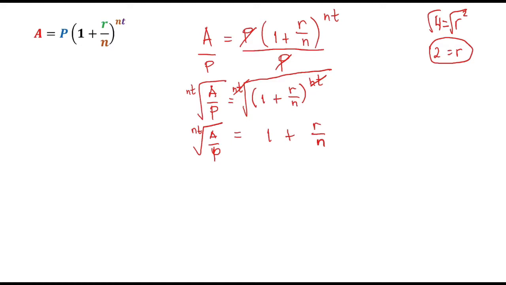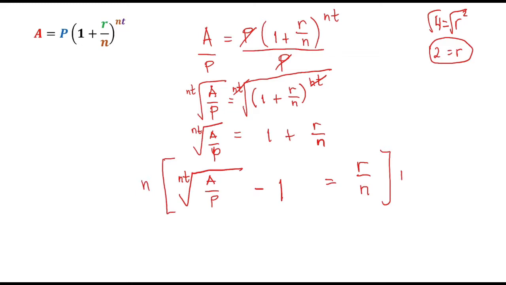Now we have to transpose 1 onto the left side. So we have the NT root of A over P, subtract 1, is equal to R over N. We want R, so in here we will multiply both sides by N. Here we can cancel this out.